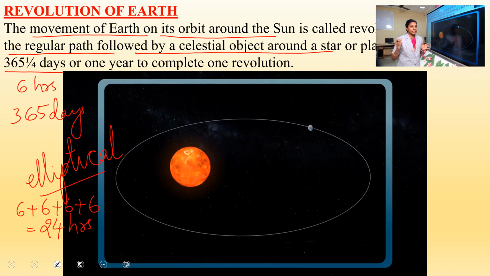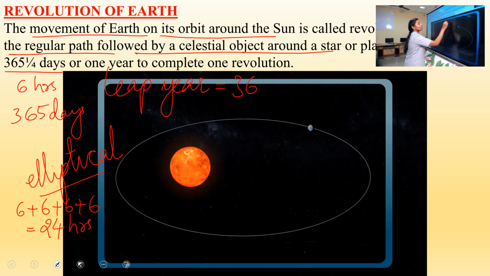Usually we have only 28 days in the month of February, isn't it? So this 24 hours will be considered in the month of February. So those years where this 1 day is being added in the month of February is known as the leap year. It is known as the leap year.